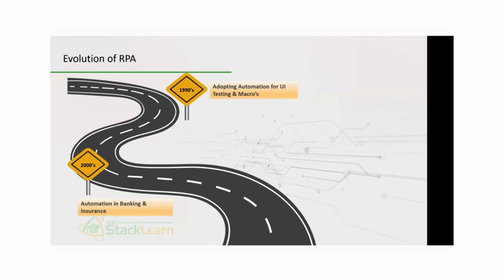They started adopting this RPA technology. Once they adopted it, it became a huge help for the banking industry to reduce a lot of paperwork, because previously they were doing it with paperwork. So they wanted to reduce that, and so they adopted this RPA technology.